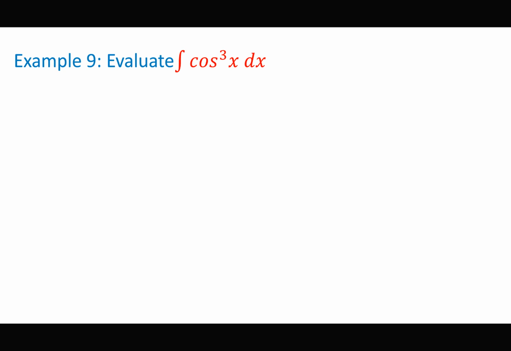Cosine cubed of x dx. All right, so I could also write this as cosine squared of x times cosine of x. So that means the same thing.